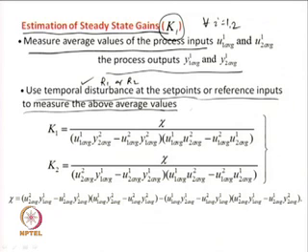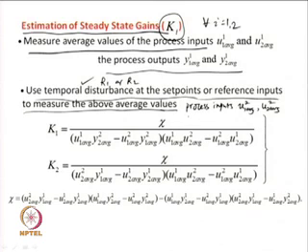So, let the process inputs when the temporal disturbance is applied be U1 average 2 and U2 average 2 at the second instant. Okay.